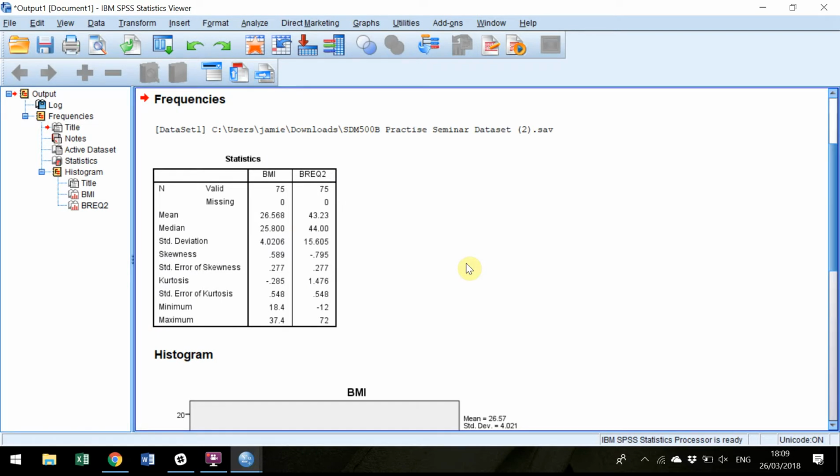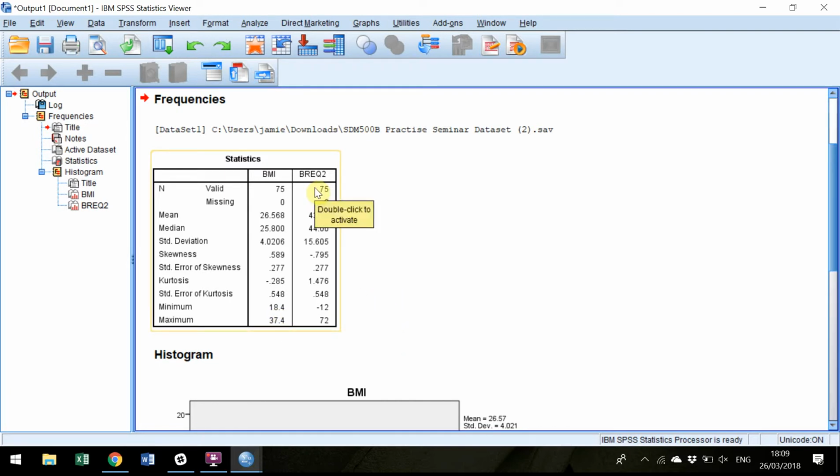So that means that the mean is 26.5. And on average, the majority of the people are within 1 standard deviation, and that takes us down to 22.5 and up to 30.5, and that's kind of fine. And then we look at the maximum and the minimum. The minimum is 18.4, which is fine, and the maximum is 37, which is quite heavy.